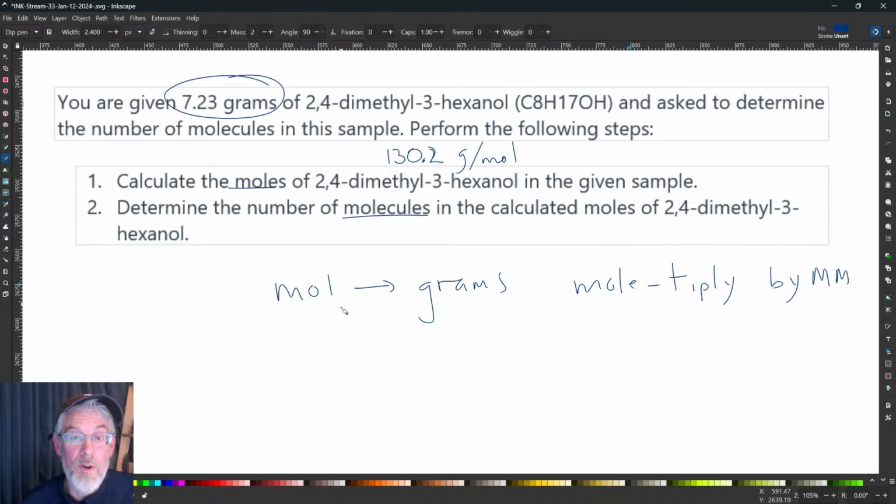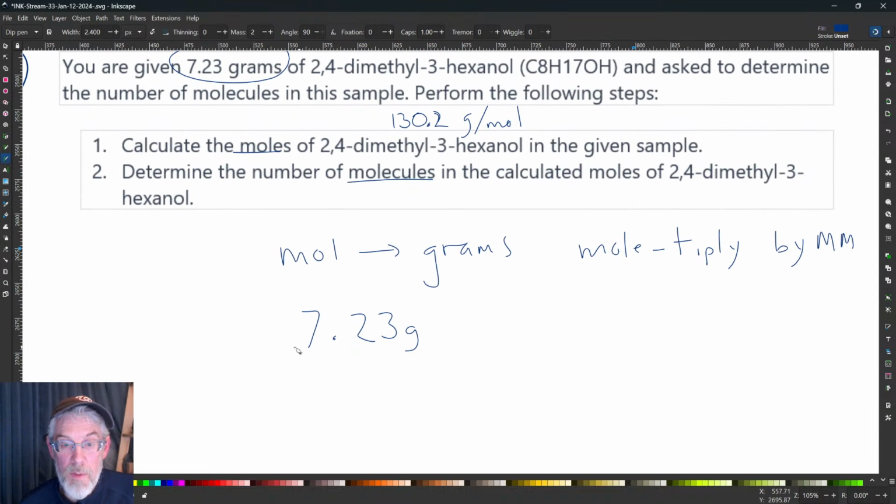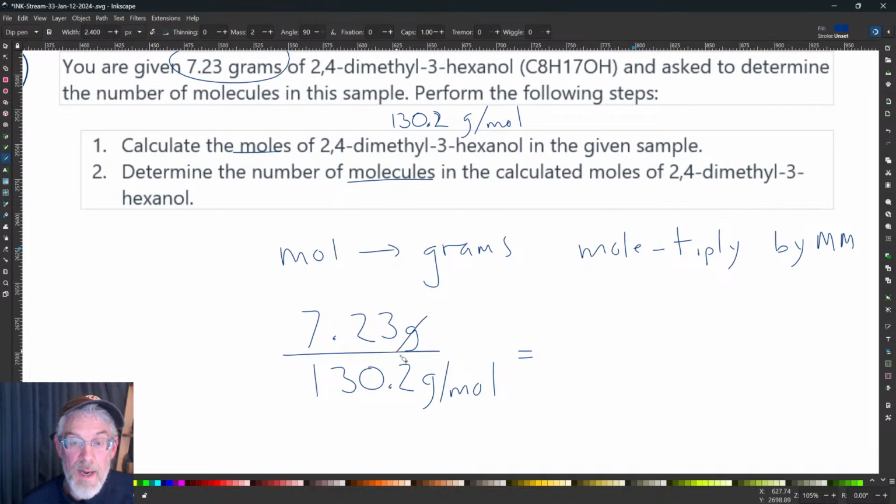So we take our grams, 7.23 grams, and we're going to divide that by the molar mass, 130.2, and remember those units, grams per mole. If you follow your units, grams cancel out, and you're going to be left with moles. I don't know if anyone did that math yet.